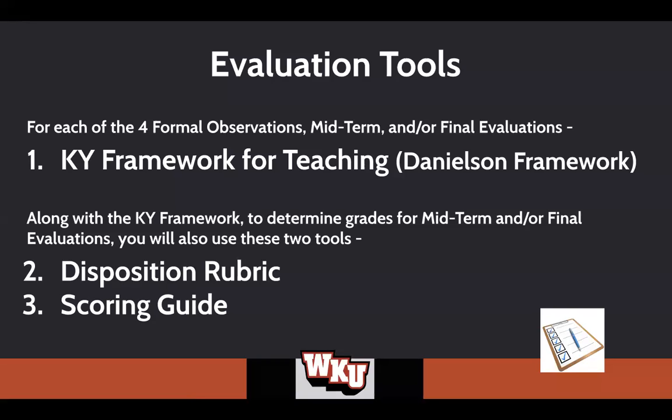You and the mentor teacher will do that together. You'll look at how the student teacher is overall in the Kentucky Framework for Teaching at the time of the evaluation, how they progressed, and then you'll look at their disposition ratings. So the scoring guide gives you a guide how to get a grade of A, B, C, D, or F.